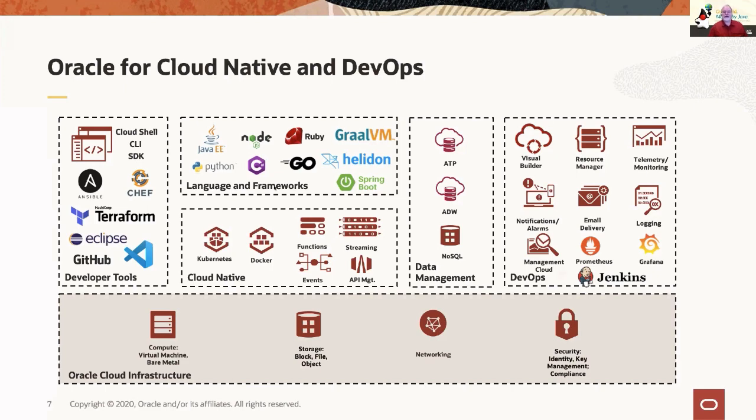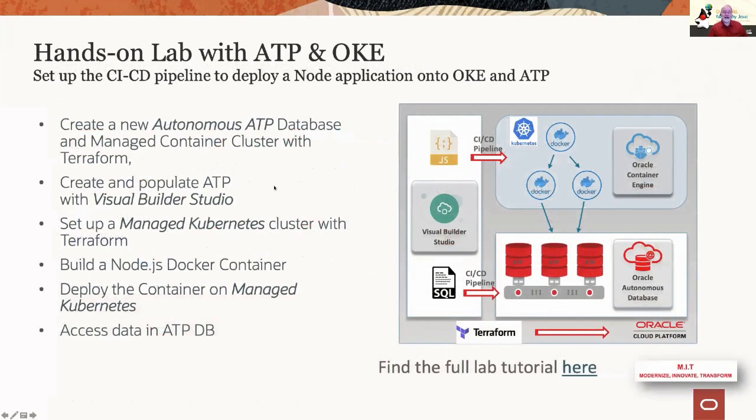So let's talk about today's lab. In today's lab, you are going to set up a pipeline to deploy a Node.js application onto Oracle Kubernetes environment using the autonomous transaction processing database to store data. In terms of the sequence, you're going to create a database. You're going to set up a Visual Builder Studio environment. That was a product you may have also heard called Developer Cloud Service.